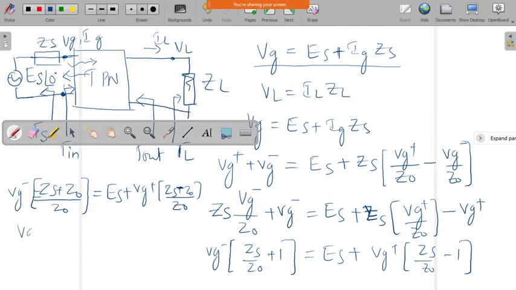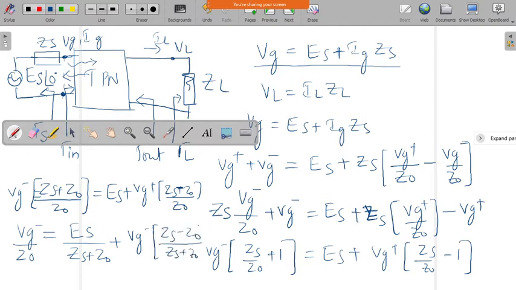Retaining Z0 here, only Zs plus Z0 I will send to this side. So you are going to get Es by Zs plus Z0 plus Vg plus into Zs minus Z0 divided by Zs plus Z0.